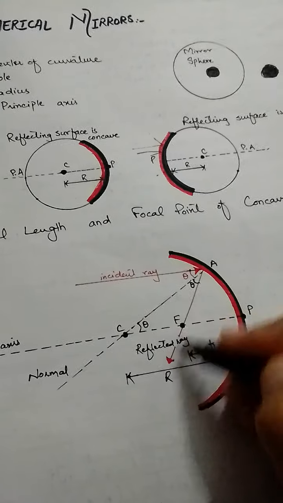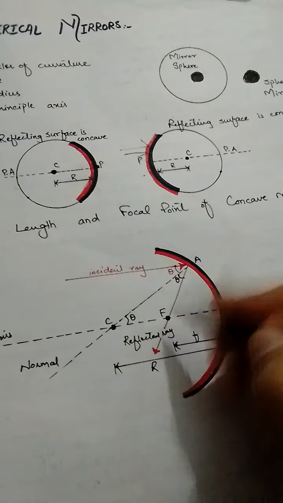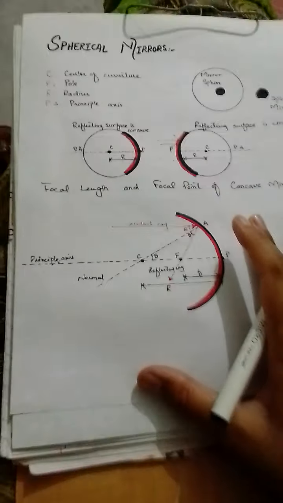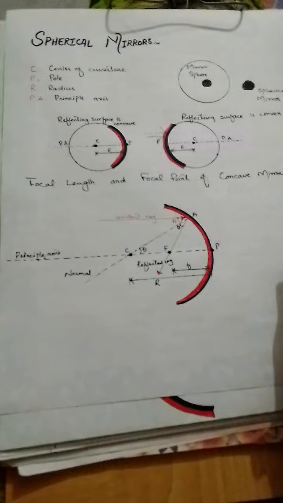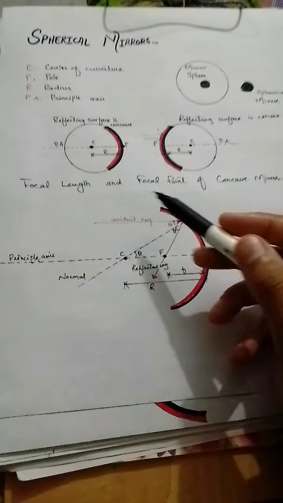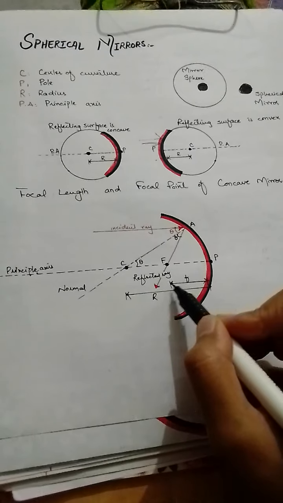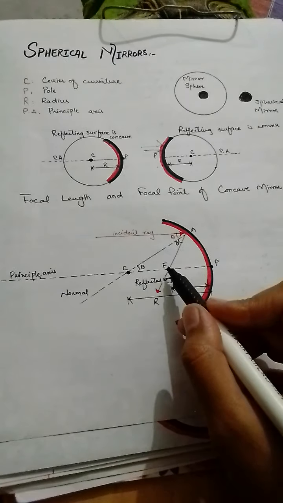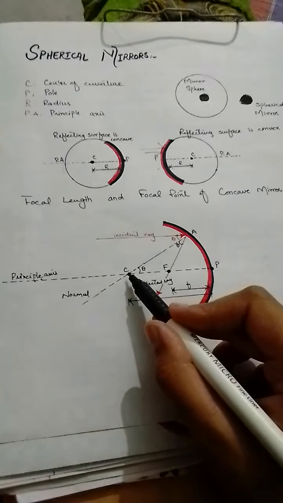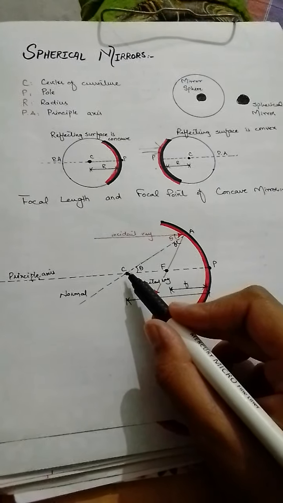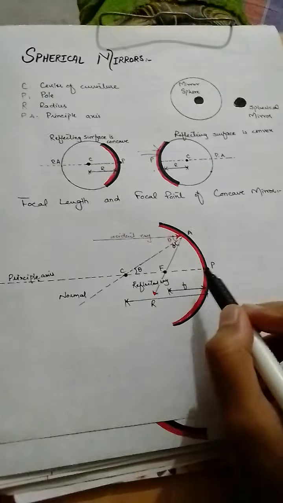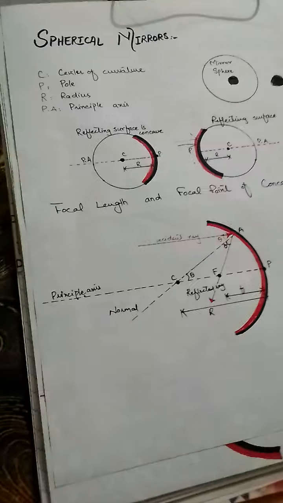And the reflected ray actually cuts the principal axis. So this is what we wish to determine when we talk about focal length and focal point of a concave mirror. So this is the focal point, this is the focal length. This focal length would be equal to half of the distance from the center of curvature to the pole.